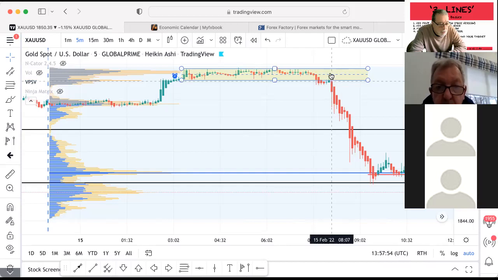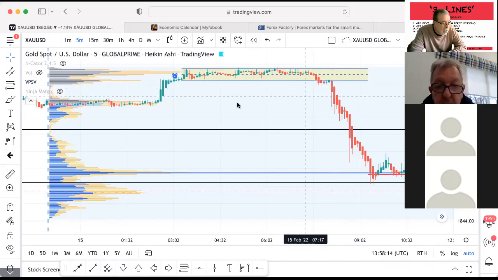So I come and look at my chart, and I see that it's popped out, and it's meandered around for a while, and then it makes a move. So at this point, I'd be thinking, okay, this is interesting. Let's have a look at it.